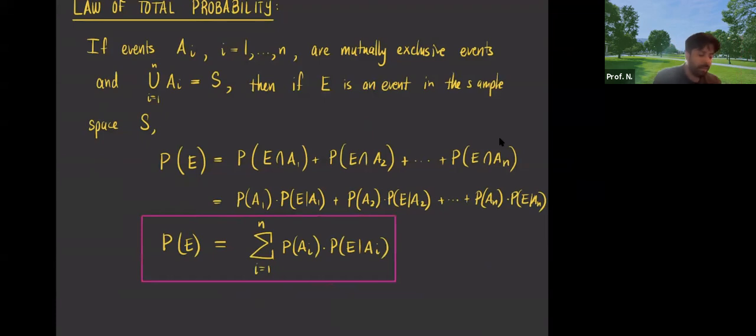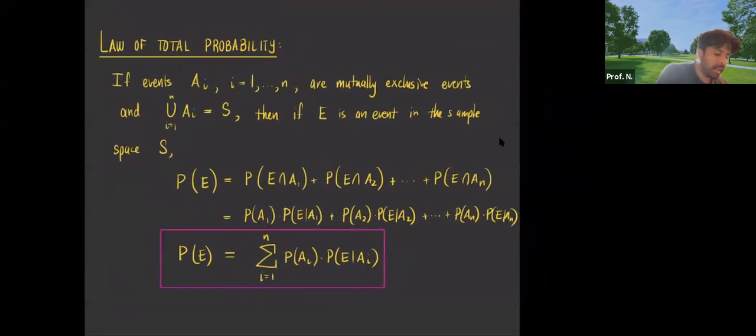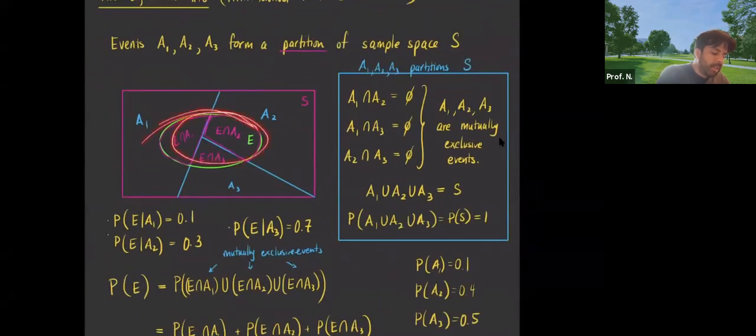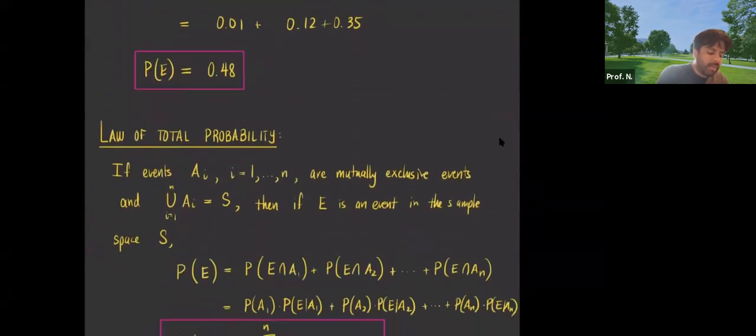Okay, so keep that in mind: if you have mutually exclusive events that make up a sample space and you're trying to find the probability of an event in that sample space, you can use the conditional probabilities with A sub i. It's like all of these are little pieces to the puzzle, and when you put them all together, you get this complete event, the probability of that complete event occurring.